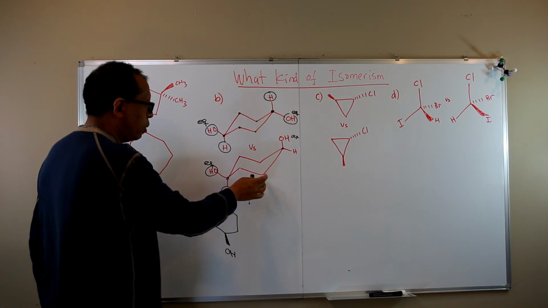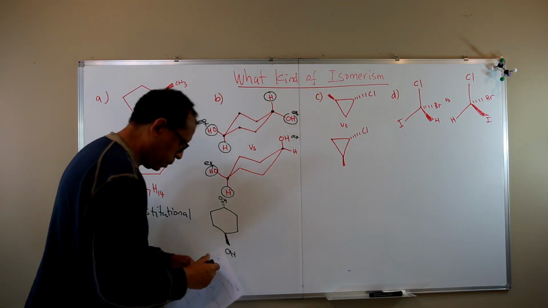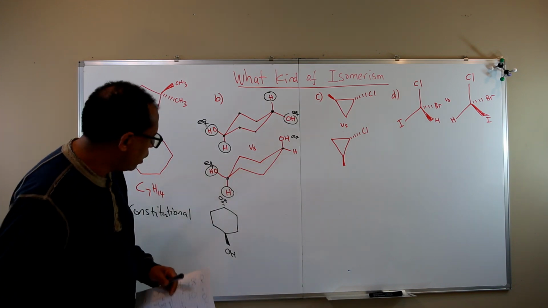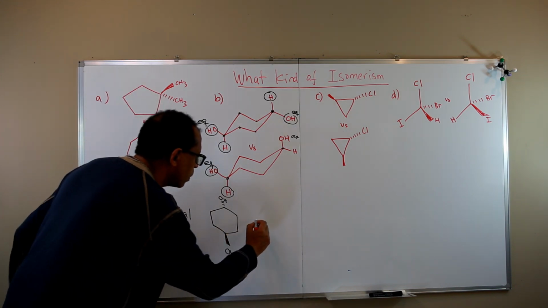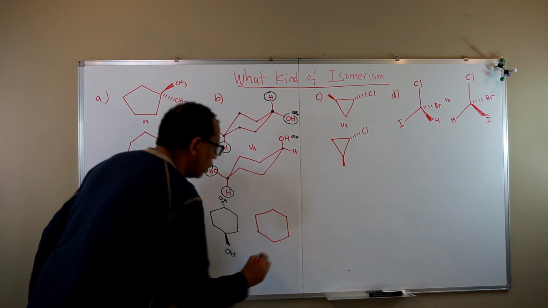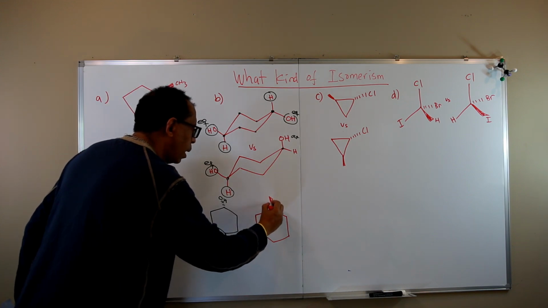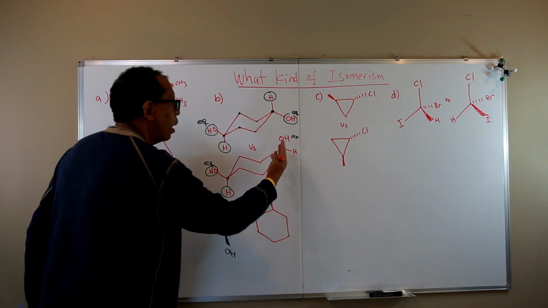How about this one? How does it look? For this one, just draw the red one. The OH is up. That means up. Axial.